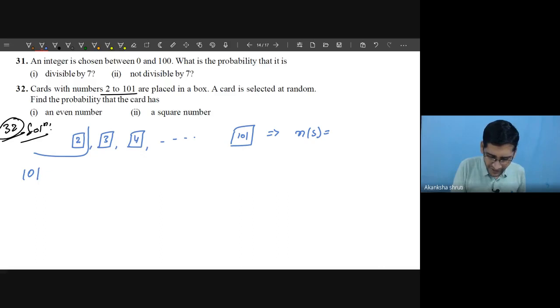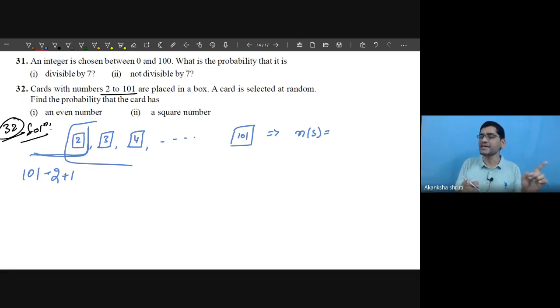So 101 minus 2, if you are doing like this, then the 2 itself is removed. But we need to count this 2. Therefore, 1 has to be added here, so we are not reducing by 2, but we are going to reduce 1 only, because only number 1 is missing here from 101. So it becomes our 100. So be careful in this calculation.